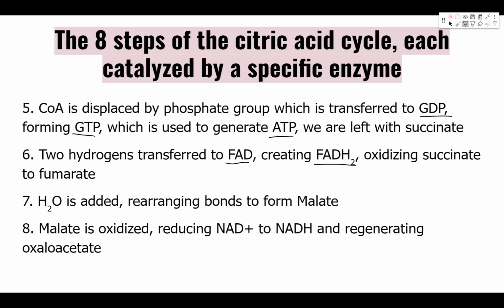We're going to chuck a water in there and get another intermediate we call malate. Then we're going to oxidize malate. We're going to get another NADH, and we're going to regenerate oxaloacetate.